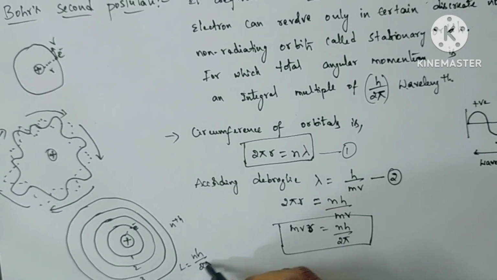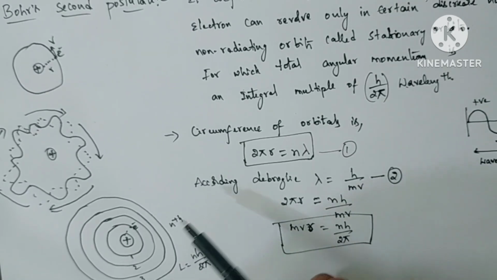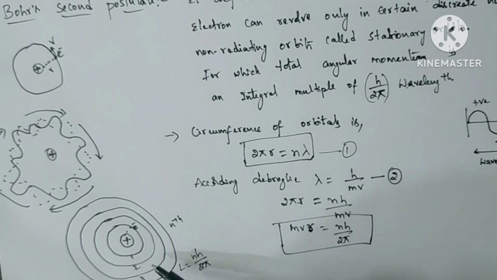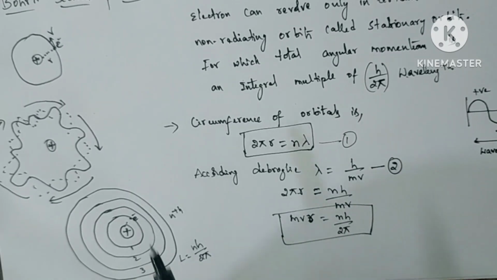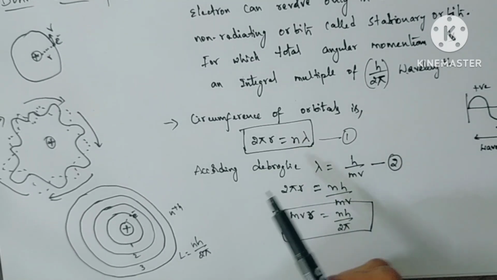So where angular momentum is nh by 2 pi, in those orbits only the electron can revolve. This is the main point in Bohr's second postulate.